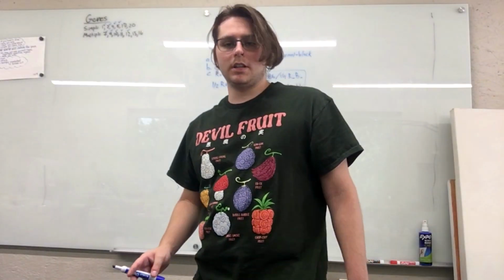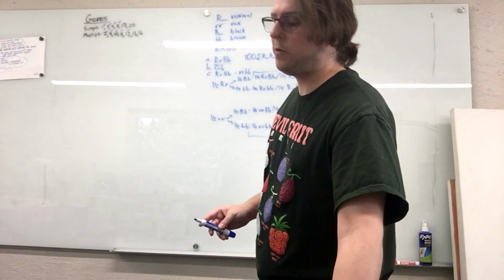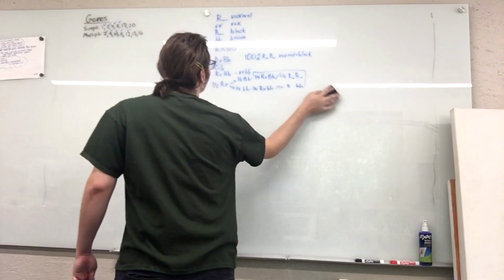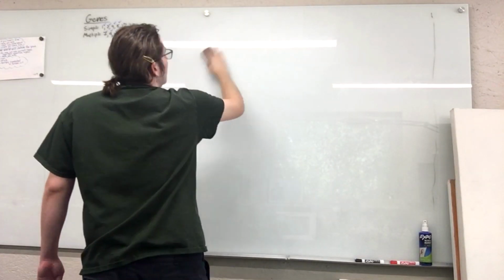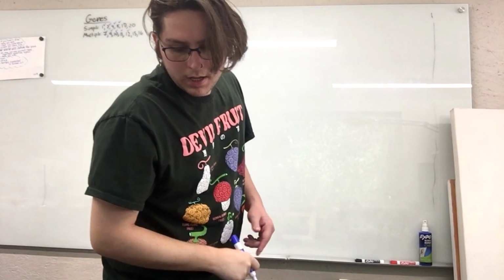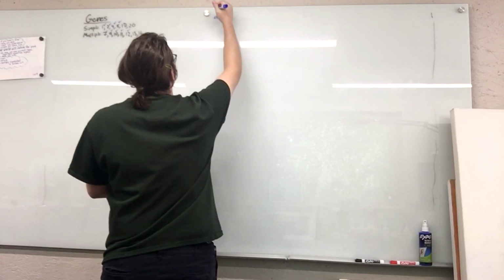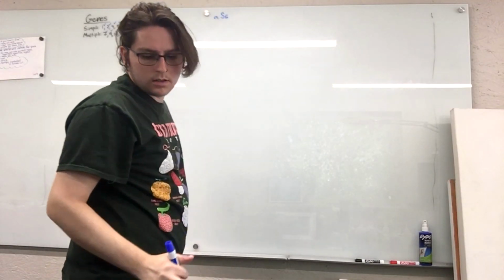This next question is asking us to find the phenotype and genotypic ratios for garden peas. We're not given letter designations, so we'll just make them up. The first one is a tall, homozygous dominant plant, so we'll call this big S, little s.